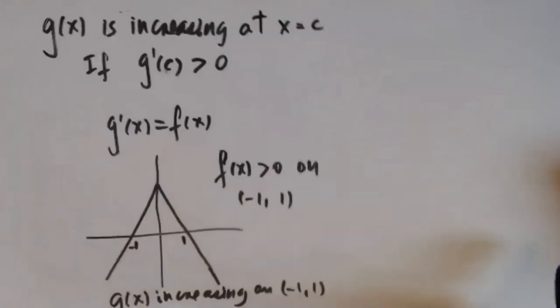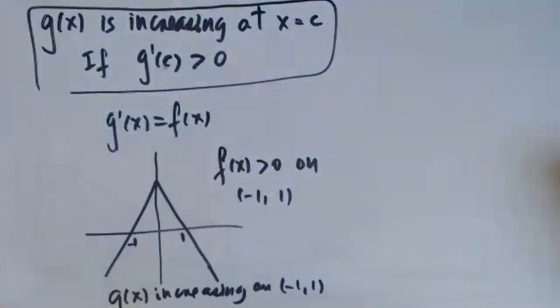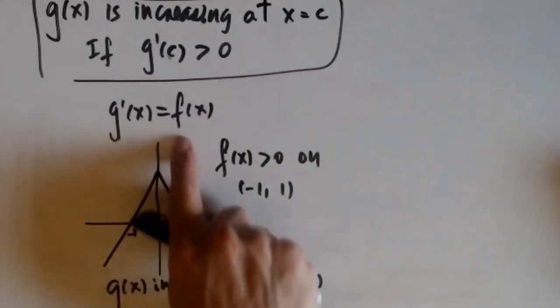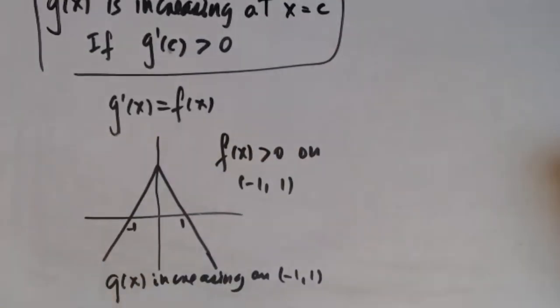This is the reasoning. What you have to show to the reader is your concept: g of x is increasing at a point if the derivative at that point is positive. Then who's g prime? Then the graph. Then you determine where it is positive from the graph. You conclude. It's not very difficult.